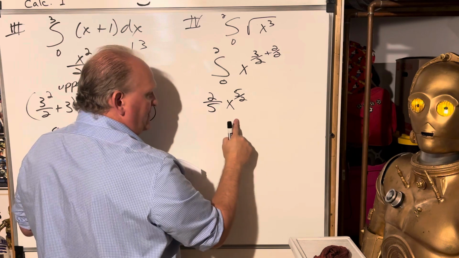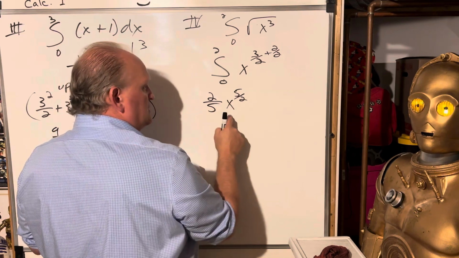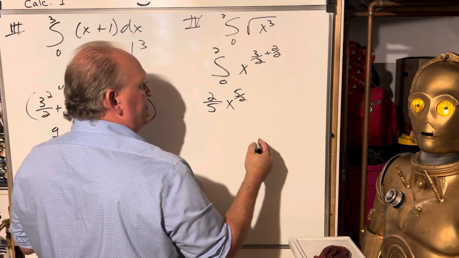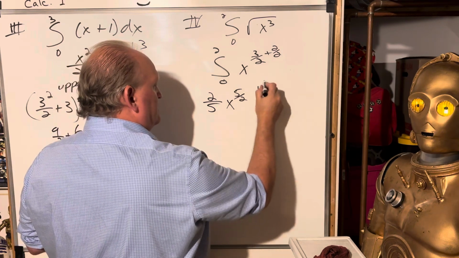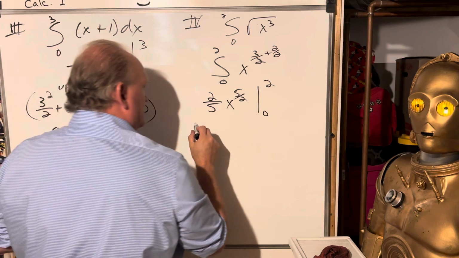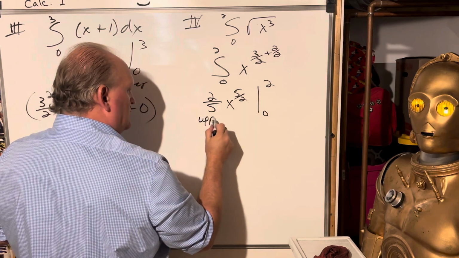If I divide by 5 halves, it's the same as multiplying by 2/5. So that's the easiest way to do that. And then we're going from 0 to 2. So what does that look like? Again, upper minus lower.